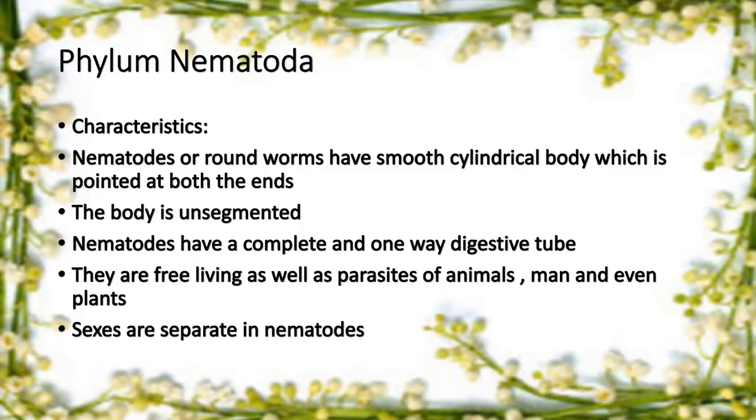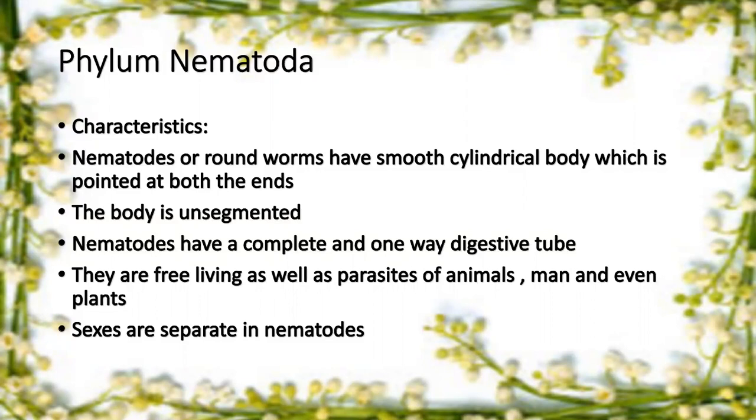But in nematodes, they have a complete and one-way digestive system. It means that they have a mouth leading into a digestive tube, and this digestive tube ends in the anus.